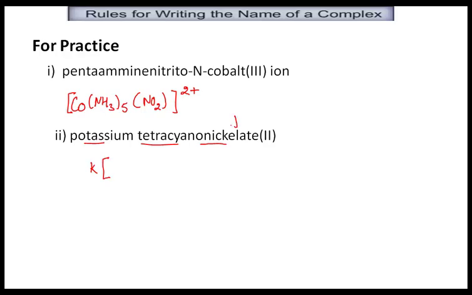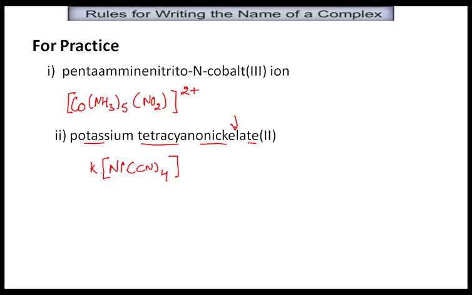First of all, in the square bracket we will write the central atom, which is nickel, Ni. Tetracyano: cyano stands for the ligand, that is CN. How many times? Tetra stands for 4. Nickelate: 'ate' is written when the coordination complex is anionic. Then we write the central metal atom followed by 'ate'.